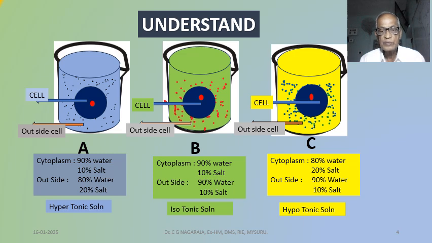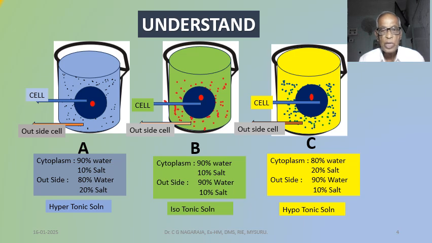Inside the beakers, there is some solution, and also a hypothetical living cell is placed inside. That is shown in blue color, and the red color inside the cell is the nucleus. The cell has a boundary called the cell membrane. Outside there is a solution called extracellular fluid, shown in different colors.